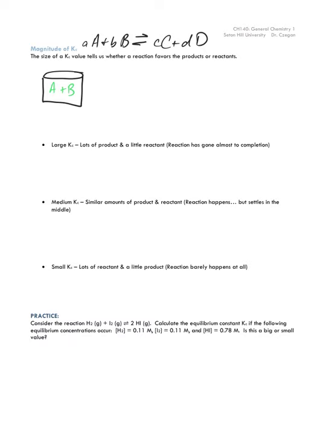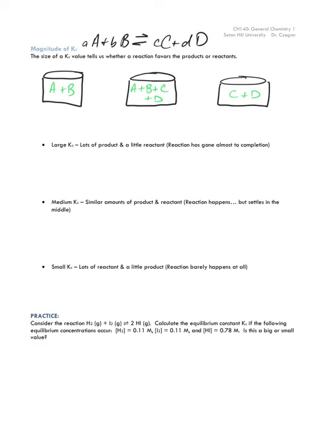Okay, as the reaction starts to happen, we're going to make some C and D. So we're going to have a combination of A and B and C and D. And then as the reaction continues to happen, we could imagine a scenario where we're left with C and D.